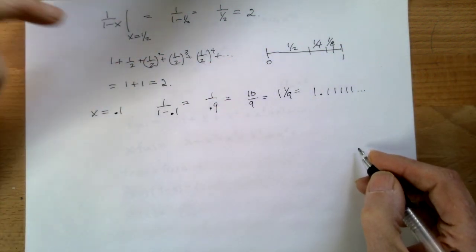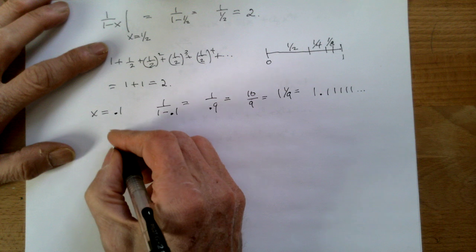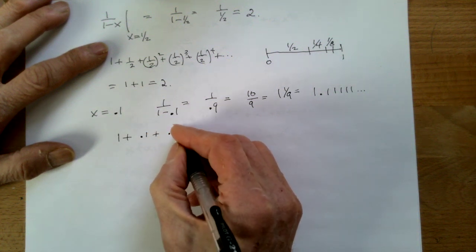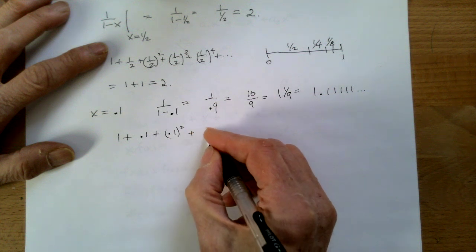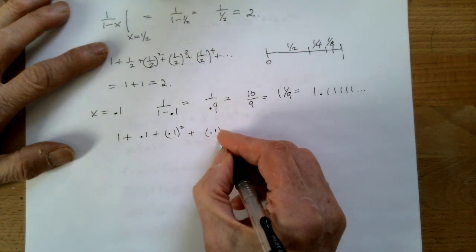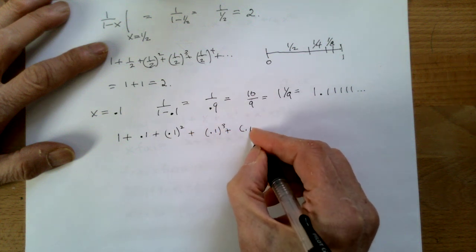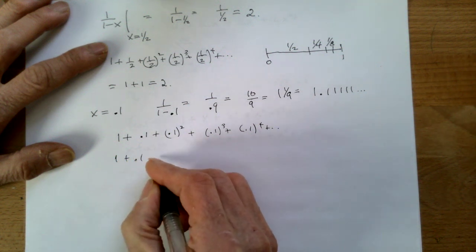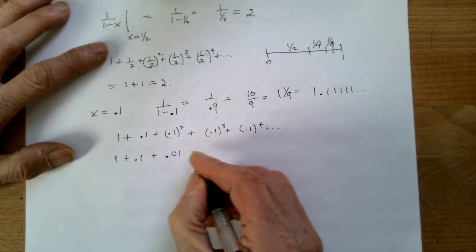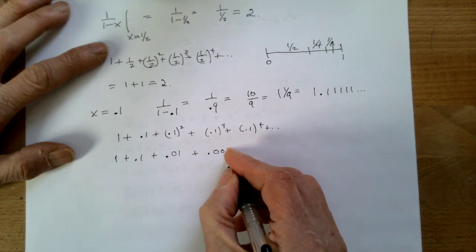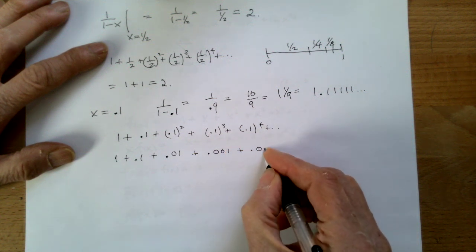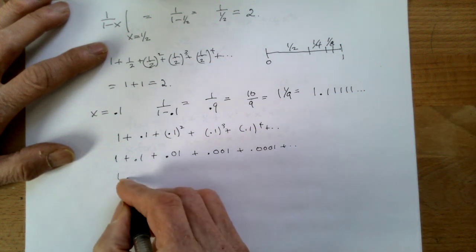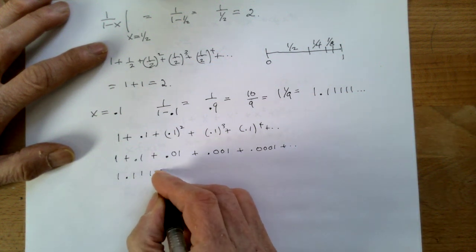Let's work out the power series version of this. We would have 1 plus 1/10 plus 1/10 squared plus 1/10 cubed plus 1/10 to the 4th, which is 1 plus 1/10 plus 1/100th plus 1/1000th plus 1/10,000th, which is, of course, 1.1111.